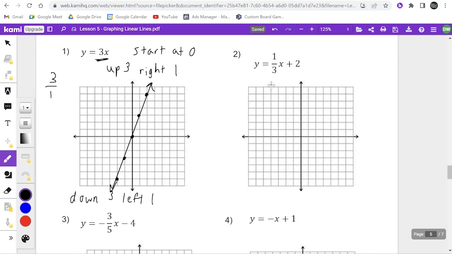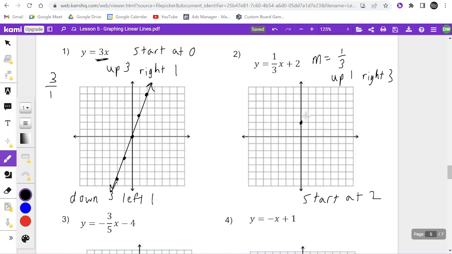Now here's the next one. I'm going to do it again. Y equals 1/3 x plus 2. So for this one, I want you to realize that m is 1/3, which basically means up 1, right 3, no big deal. And we're starting at +2 because of the plus 2 there. So in other words, plus 2 means up 2, just like that. And then up 1, 3 to the right.